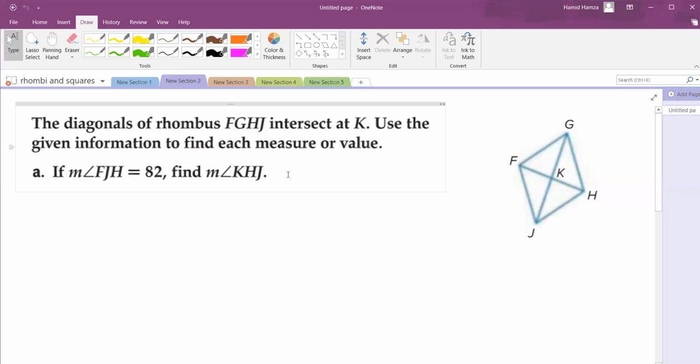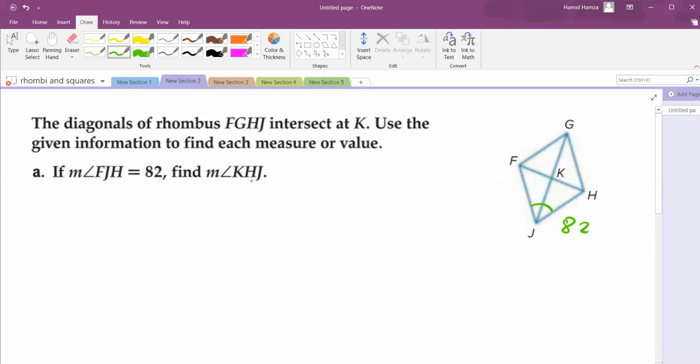The diagonals of a rhombus FGHJ intersect at K. Use the given information to find each measure or value. The measure of angle FGH equals 82. So all these angles are 90, 82.